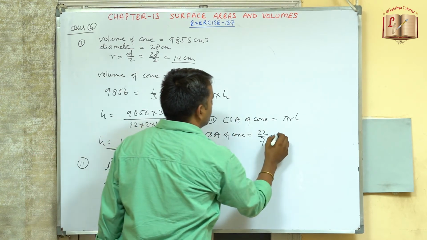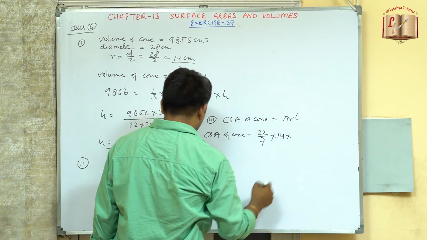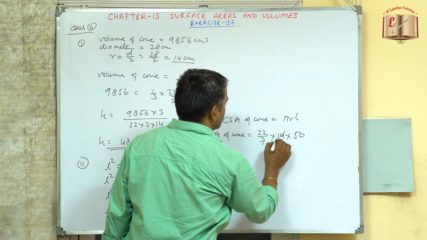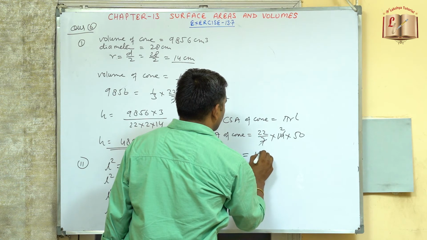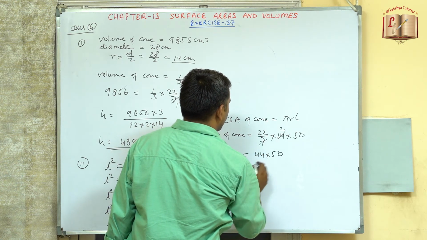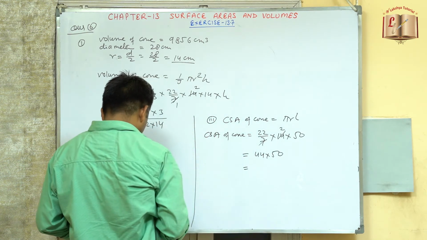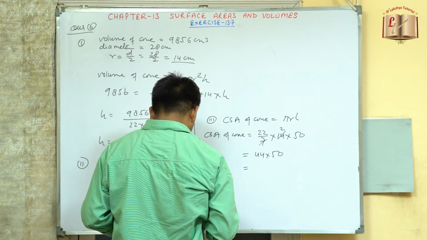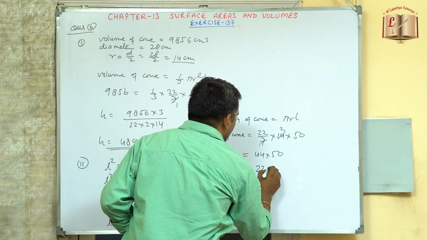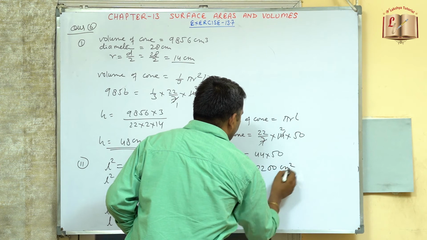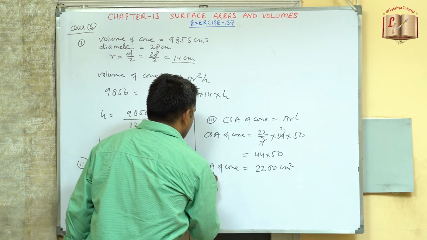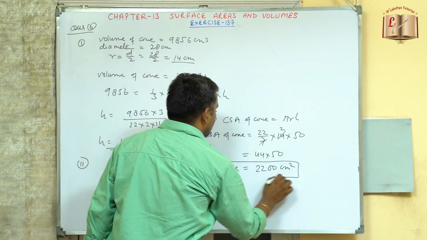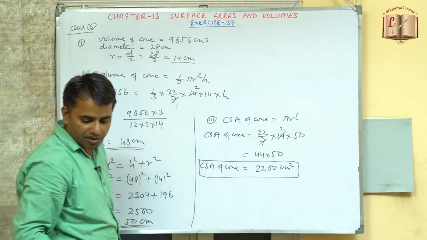R is 14 into L. L is 50. So this is now 2 times. So we got this is 44 into 50. So on multiplication, this will be now 2200 centimeter square. So this is the CSA of cone. So we got the CSA of cone as 2200 centimeter square.